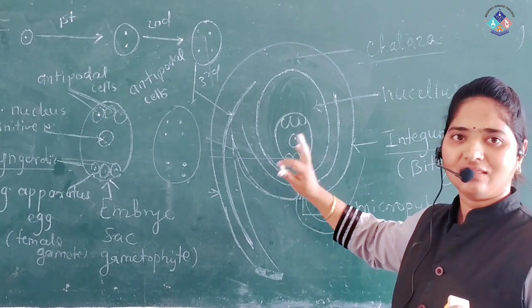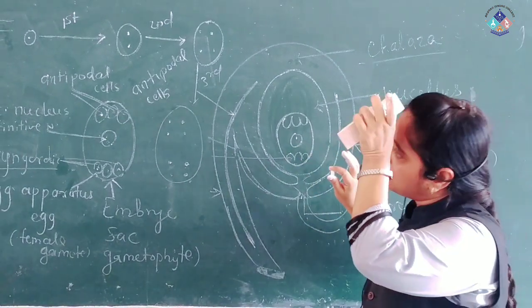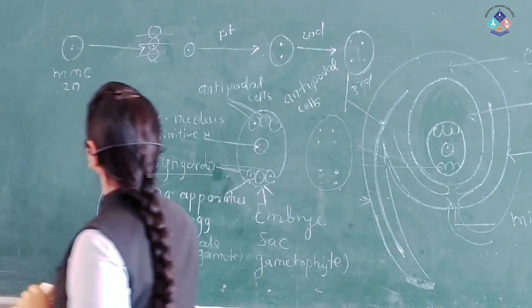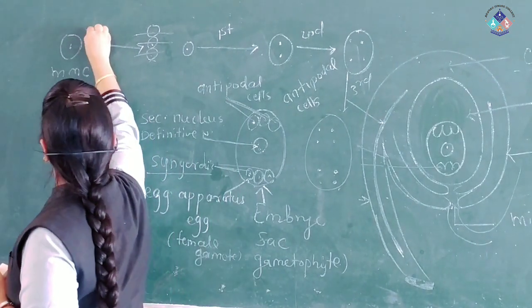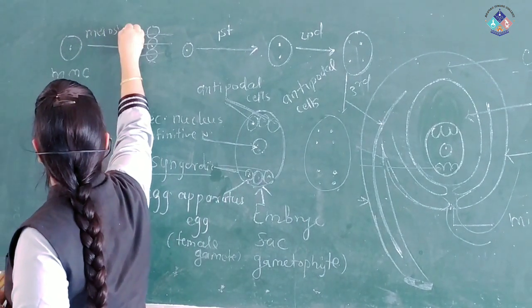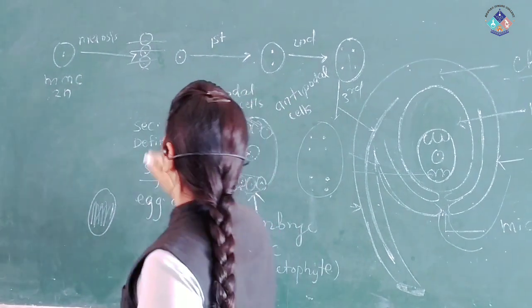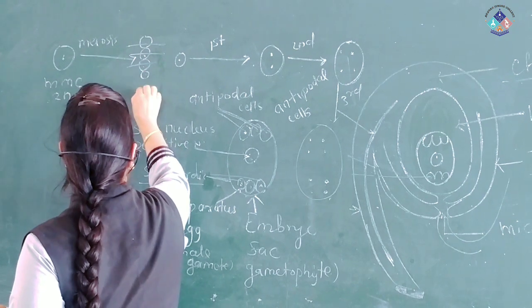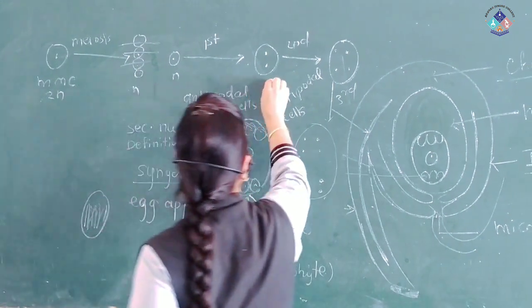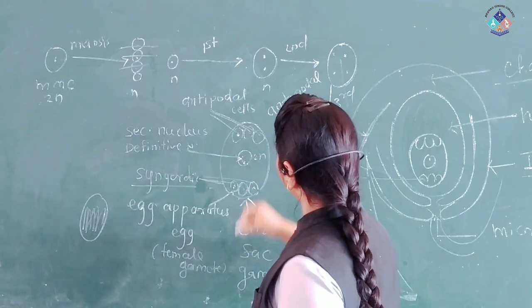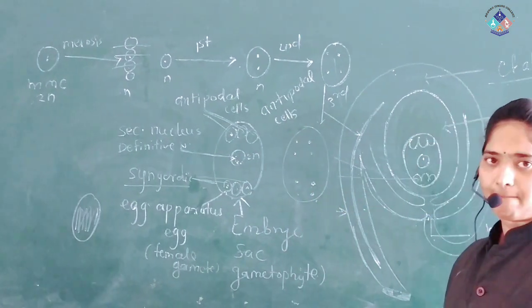The MMC is diploid in nature, and after meiosis it changes into haploid cells. All cells are haploid except the secondary nucleus, which is diploid in ploidy level.